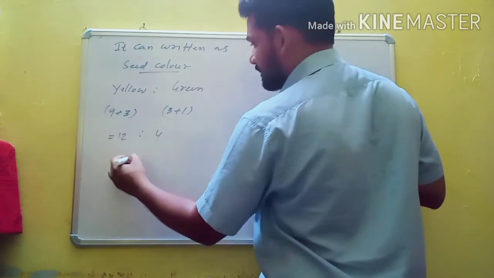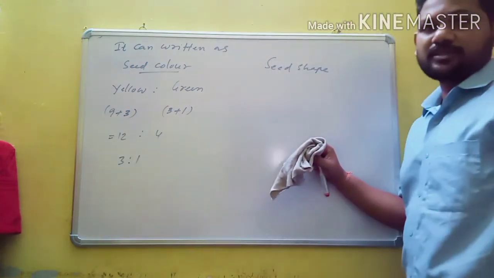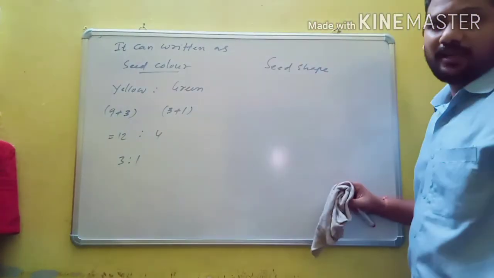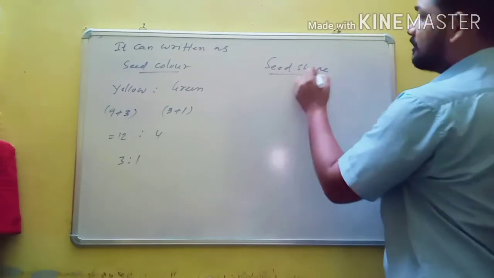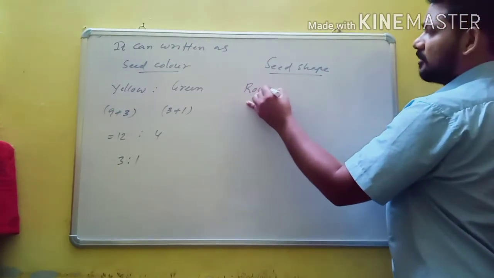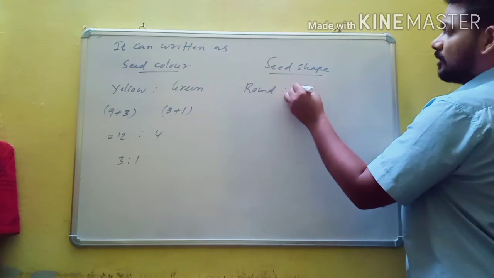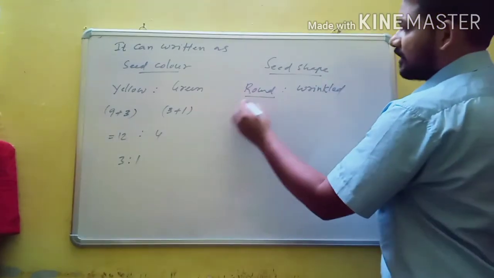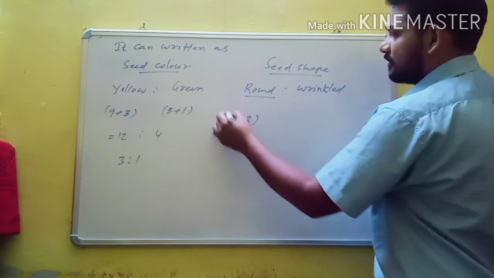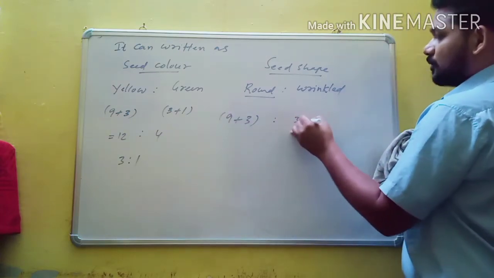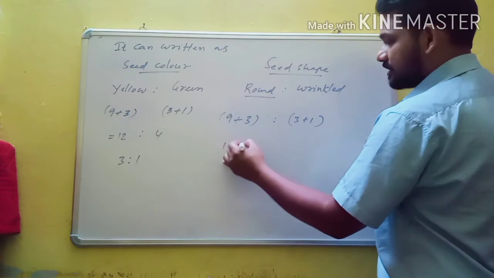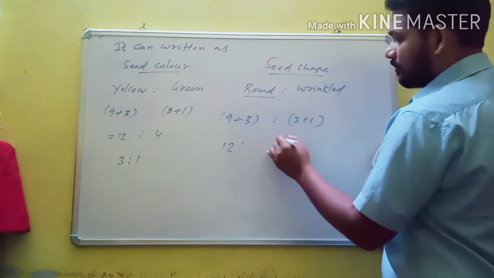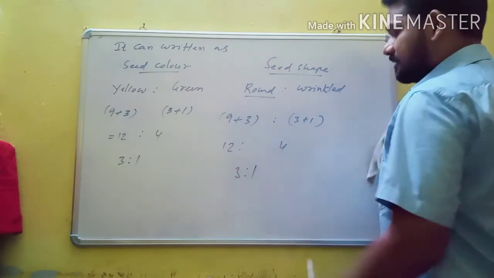So it is exactly similar to the 3:1 ratio of the monohybrid cross of Mendel's experiment. And seed shape also. Round shape is dominant over wrinkle shape. In the Punnett square, there are 9 plus 3 round seeds and 3 plus 1 wrinkle seeds. So this is also 12 plus 4, which is written as 3:1.